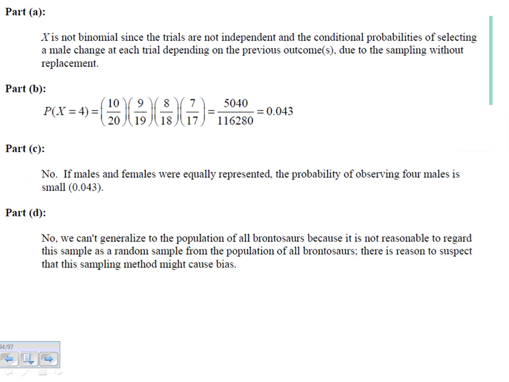Okay, so all 4 males would be 10 out of 20, and then we took 1 away, so we're left with 19, and we've already taken 1 male, so we're down to 9. Taking out another male, so we're at 8. Again, taking out 1 from the total to be 18. Taking out another male, so you're at 7. Taking out 1 for the total, so you're at 17, and you can multiply across. So we didn't get to do binomial, geometric, or anything here because it was not a binomial setting.